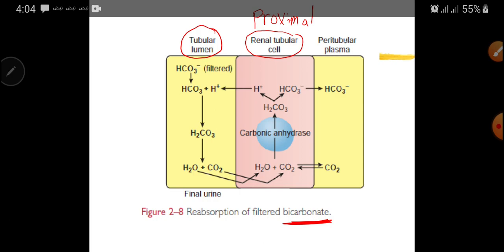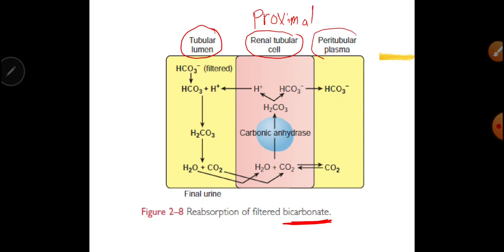And finally, we have the peritubular plasma. As we said before, movement of solutes from the peritubular plasma to the tubular lumen is called tubular secretion. Movement of solutes from the tubular lumen to the peritubular plasma is called tubular reabsorption.